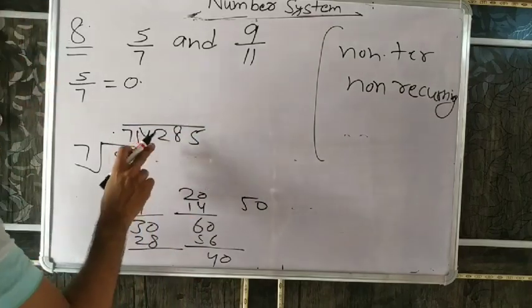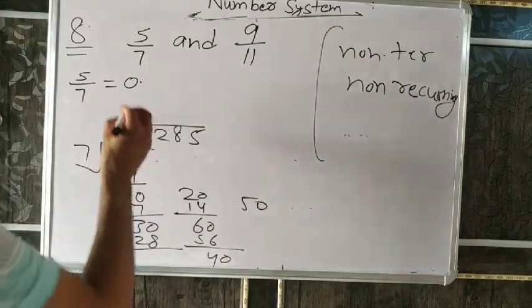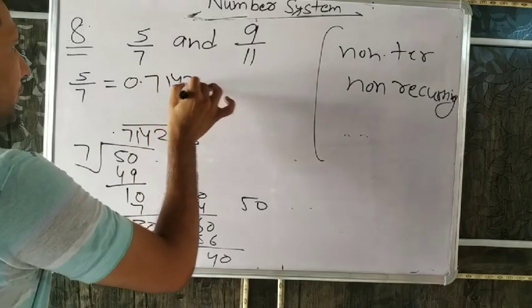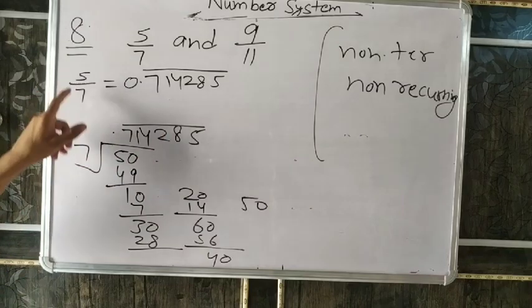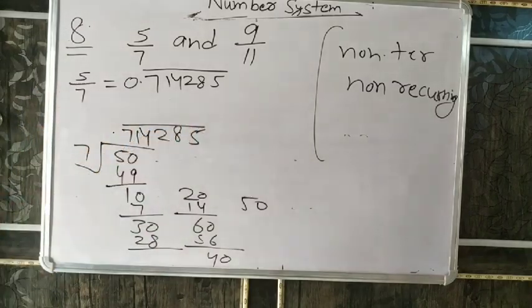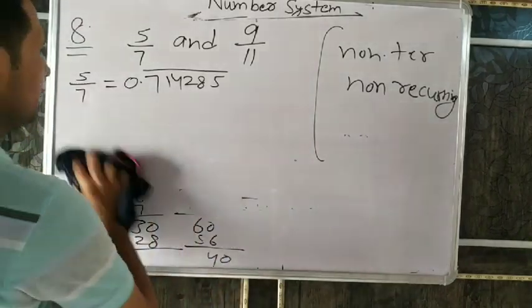It comes 7 1 4 2 8 5. So you can find this value when you divide 5 upon 7. This value comes repeating. So find it yourself and write.